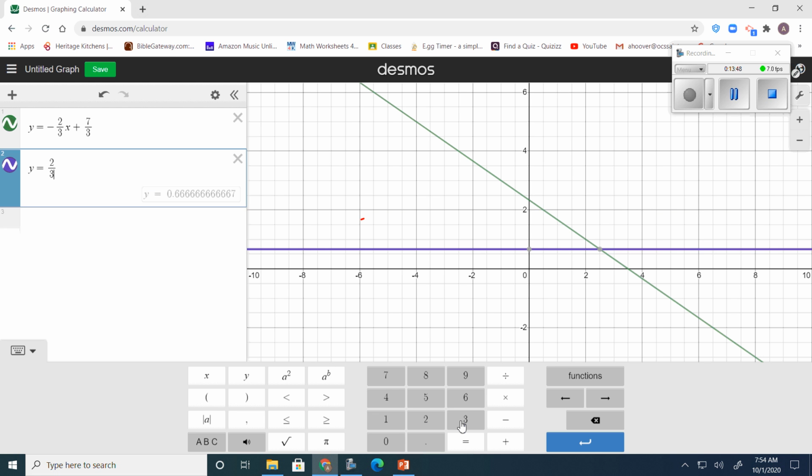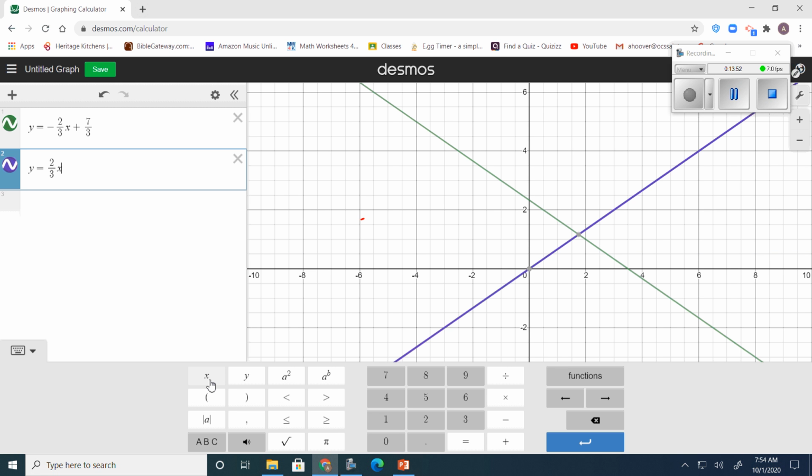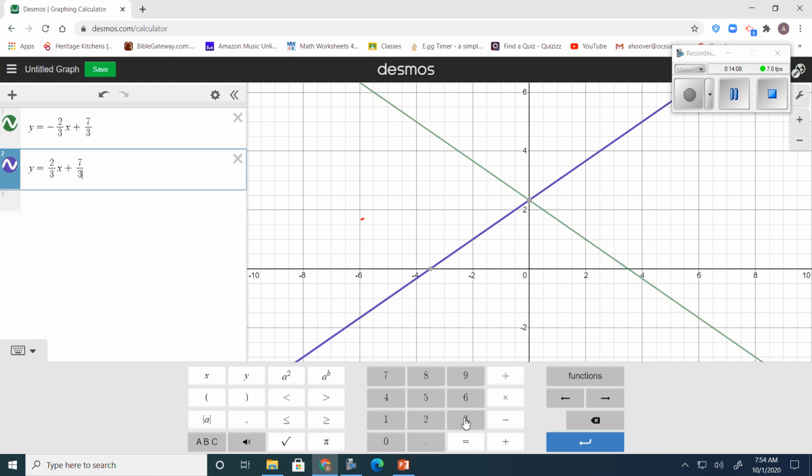So there's a positive 2/3 x for the slope. Notice right there, boom, it pops up with the slope as the opposite reciprocal, and you can tell that it is perpendicular. Now we can put the y-intercept wherever we want. It doesn't matter. We could have the same y-intercept, x divided by 3, and it crosses at the same place.